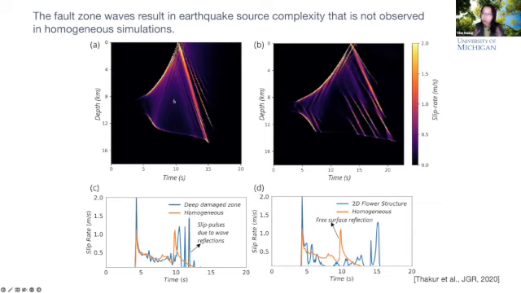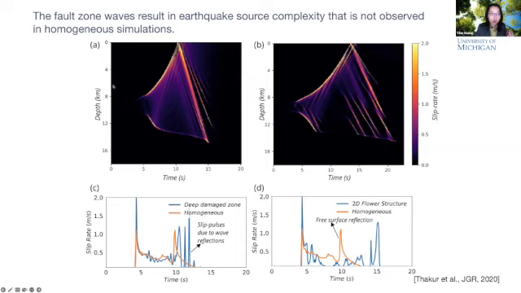These are just the representative earthquakes within several hundred years of earthquake cycles. So you can see that after this rupture front propagates to the shallower part of the fault, there are a lot of oscillations following behind, like these oscillations and these. So these are actually the reflections from the fault zone boundary and also from the free surface.